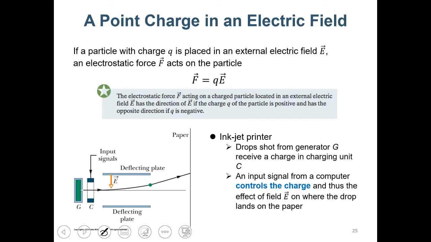So this is an application for the parallel plate. So here, assume that a particle with charge Q is placed in the external E field, and an electrostatic force acts on the particle, F equals QE, which is the definition at the very beginning of this chapter.